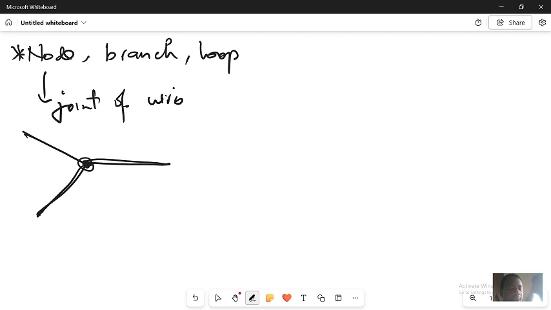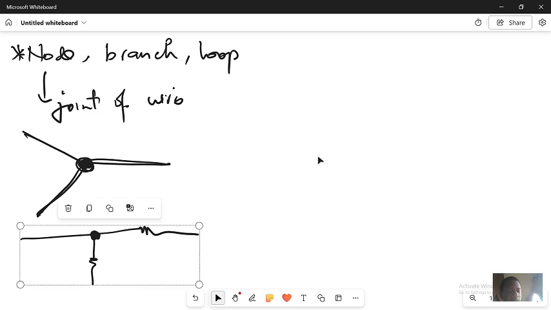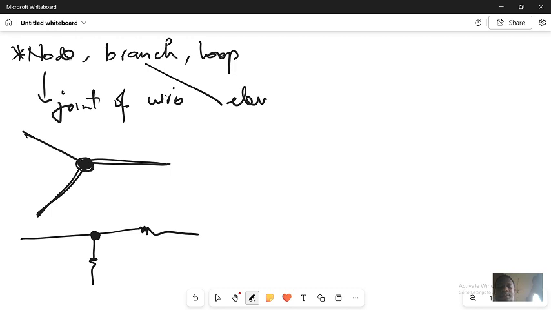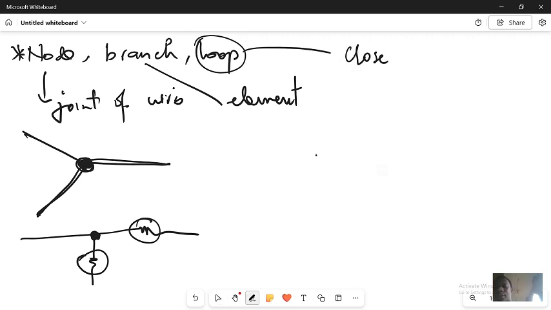So this joint we call a node. This one is a node because I join here and I join here by this joint. Now branch is an element. It can be a resistor or capacitor, any. Meaning that I have this branch, I have this branch. That is called a branch. Now loop is a closed path.